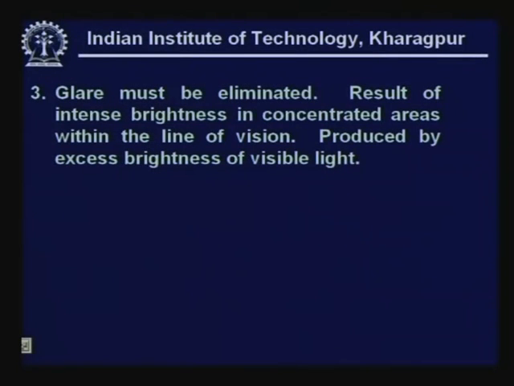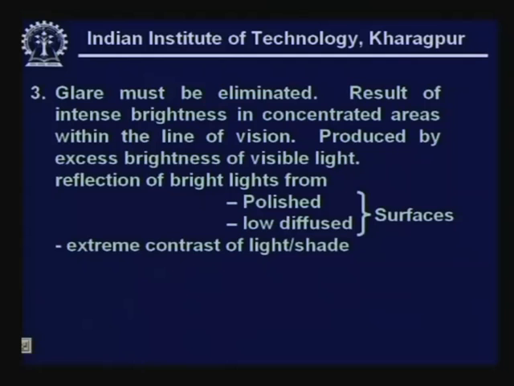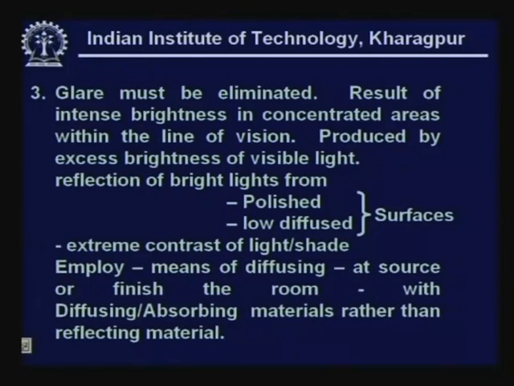In fact, this is where diffused light helps in reducing this, and instead of locating point sources, you have a large number of sources distributed, trying to come as close as possible to a sheet of light. So, this also arises in the form of reflections from polished surface and arises more from the design where contrast between light and shade is very large.